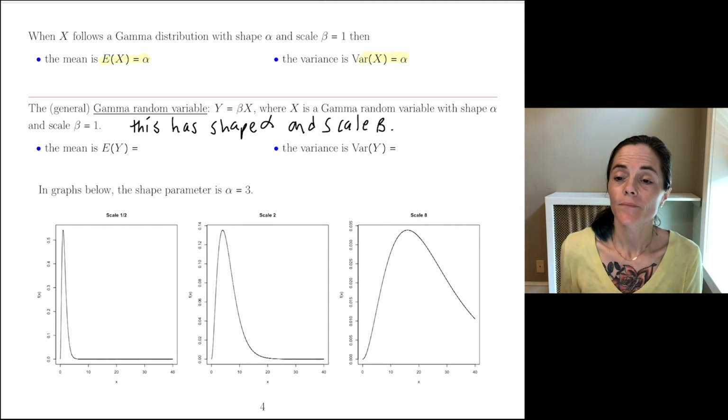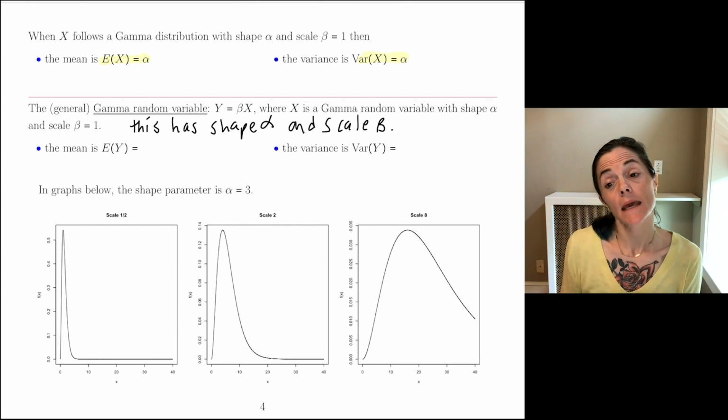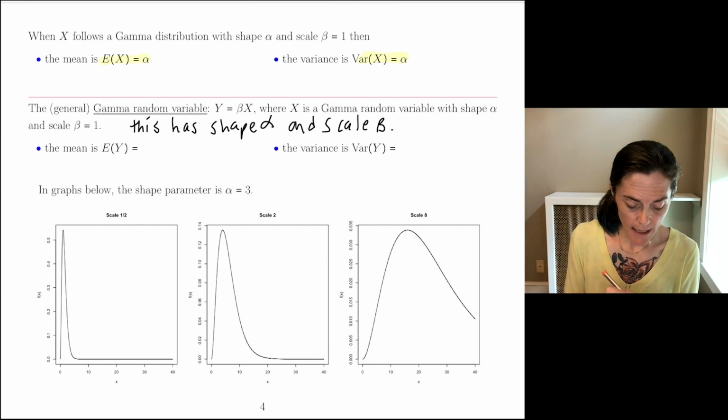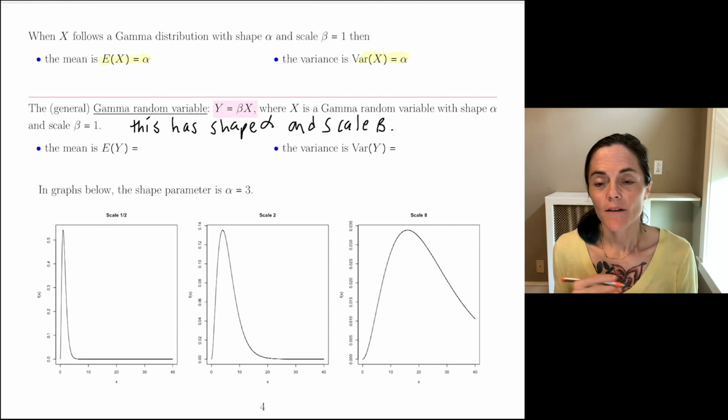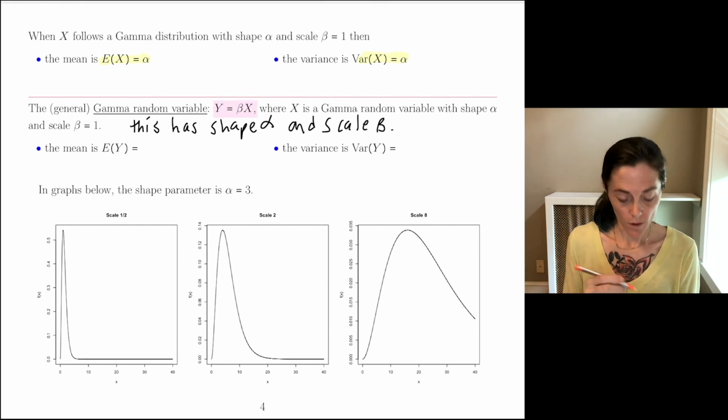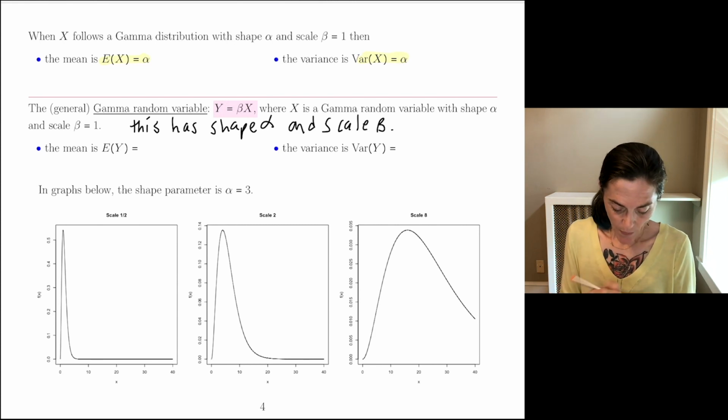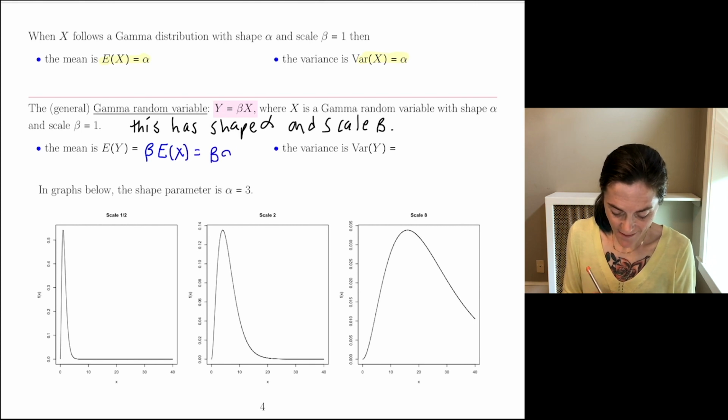Well, we can calculate the mean and variance just because this random variable is a linear transformation of this basic gamma random variable. So the mean will be beta times the expected value of X, which is beta alpha.